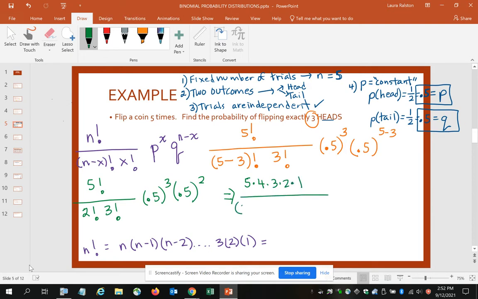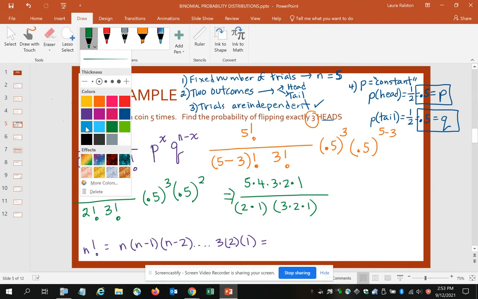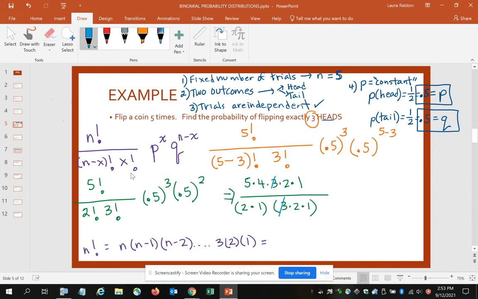Then in the denominator, I have 2 times 1. That's 2 factorial. Times 3 times 2 times 1. That's 3 factorial. And if you'll notice, in that particular problem, I have a 3 in the numerator, a 3 in the denominator, 2 in the numerator, 2 in the denominator, 1 in the numerator, 1 in the denominator. So those values will divide out.